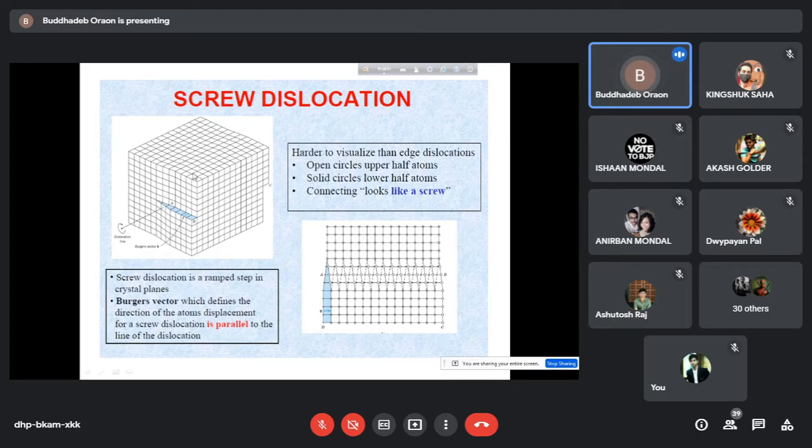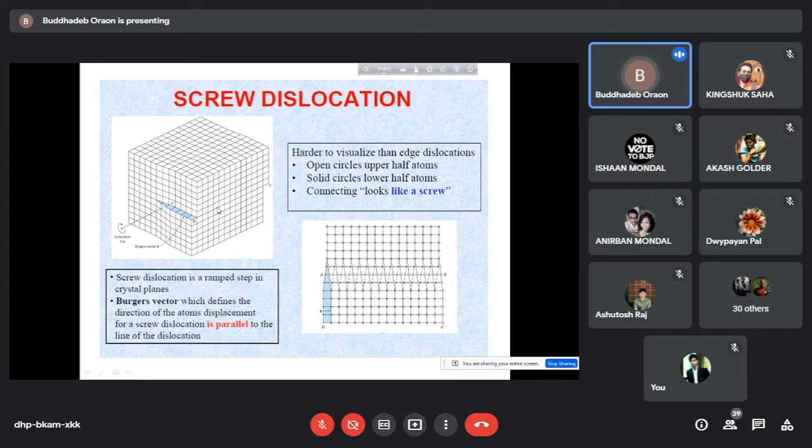If you see this picture, what we have done is apply a shear stress at this particular end, horizontally. So a part of this solid material has shifted towards the right side.